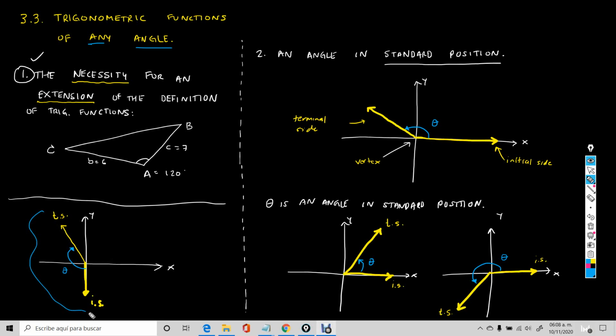But we don't call this angle an angle in standard position. Why not? Because it doesn't satisfy my definition. My definition was, one more time, the vertex at the origin and the initial side of the angle laying on top of the positive x-axis. That's it. That's what it means. So this is not an angle in standard position.